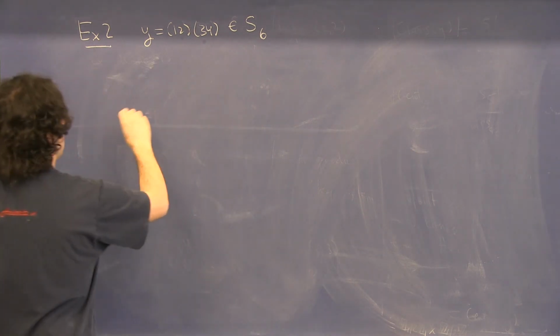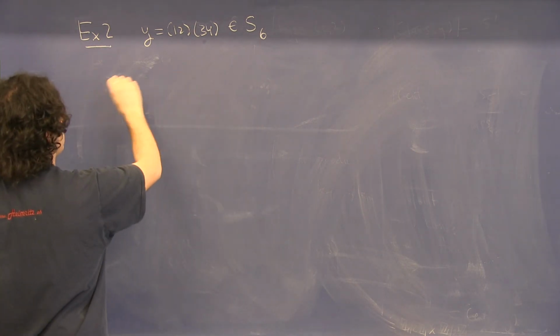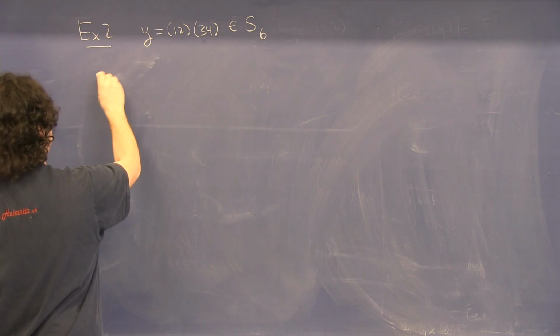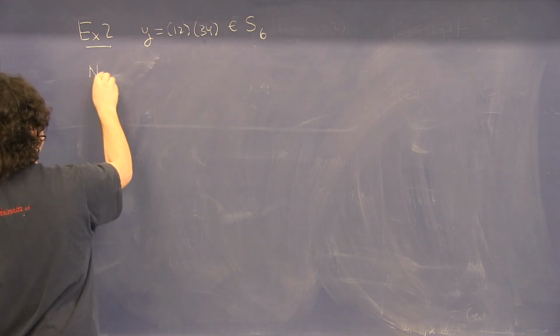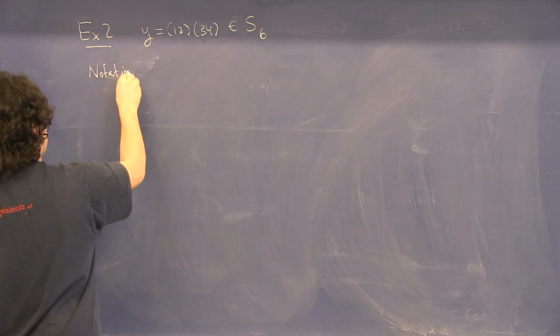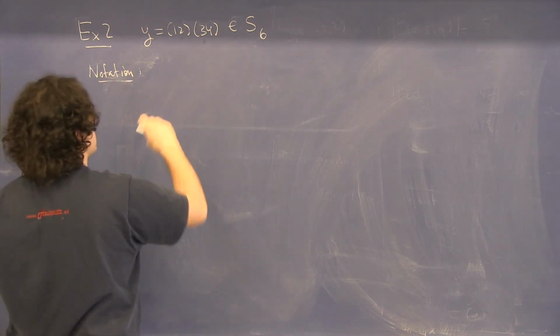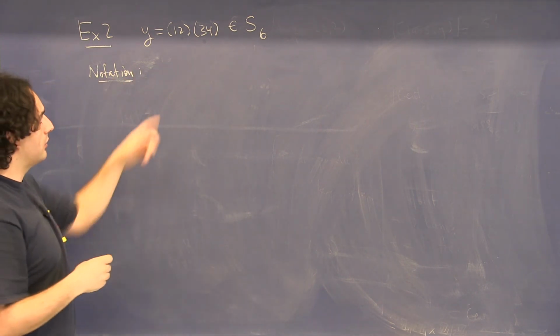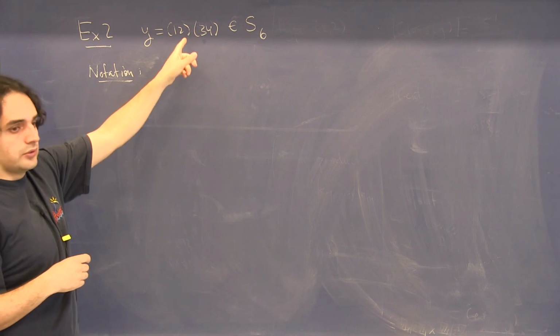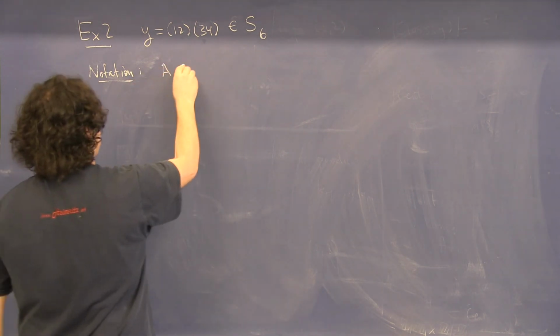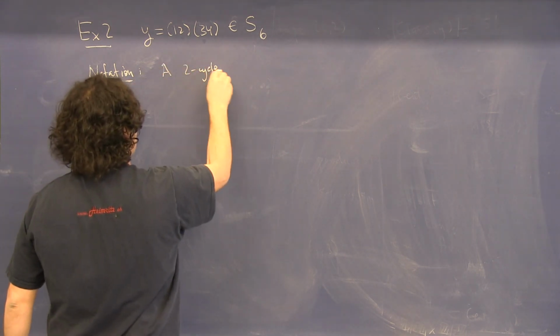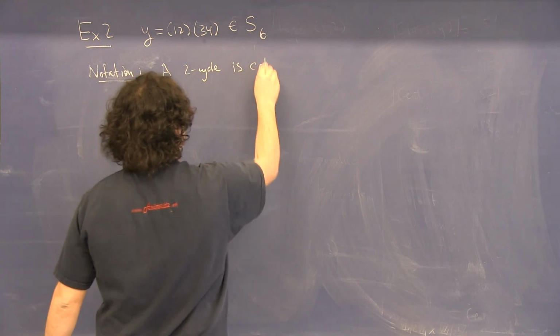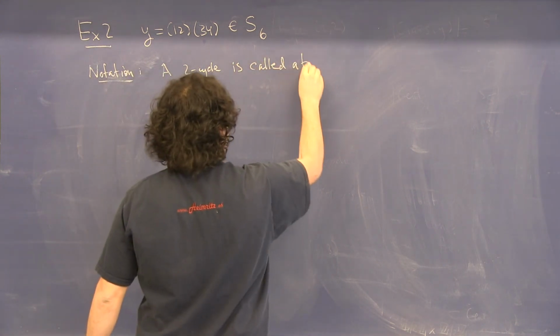And let me also just introduce notation that's very useful. Instead of saying 2 cycle over and over again, since here we have a product of 2 cycles, a 2 cycle is called a transposition.